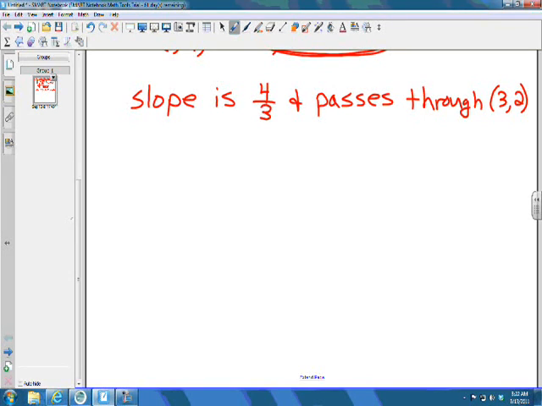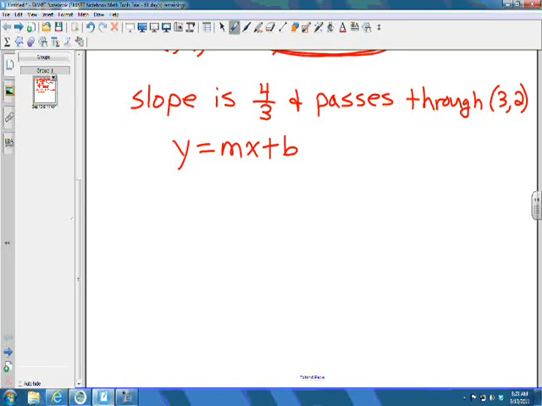But we're going to assume you know that on your line. Write an equation for the line that has slope 4/3 and passes through 3, 2. So it's probably a good idea, every problem, to write that down. Some of you will, and you'll know what you're doing. Some of you won't, and you'll get lost in the problem.